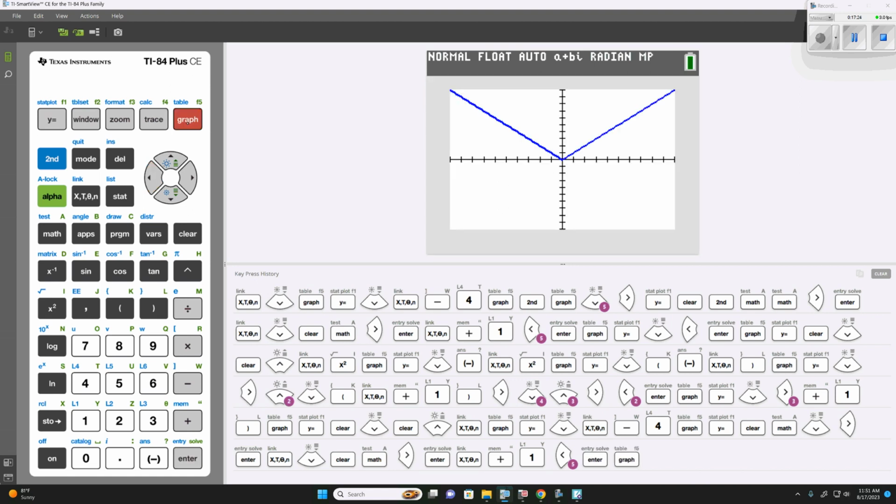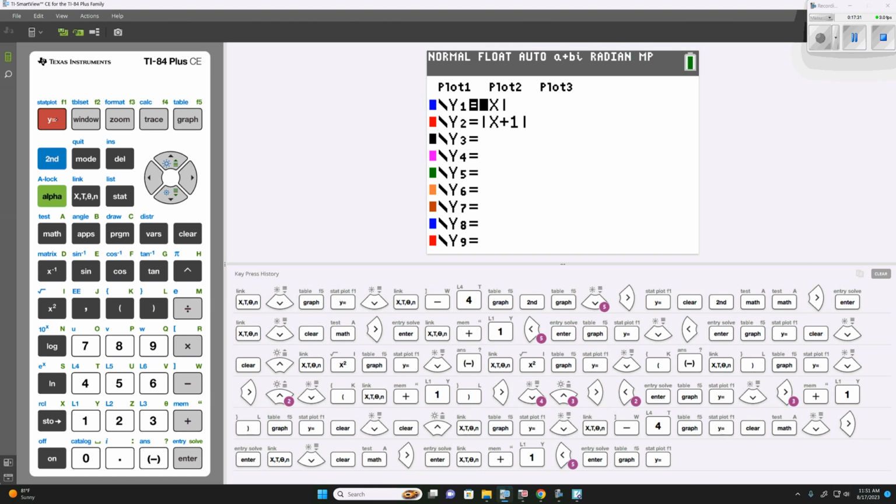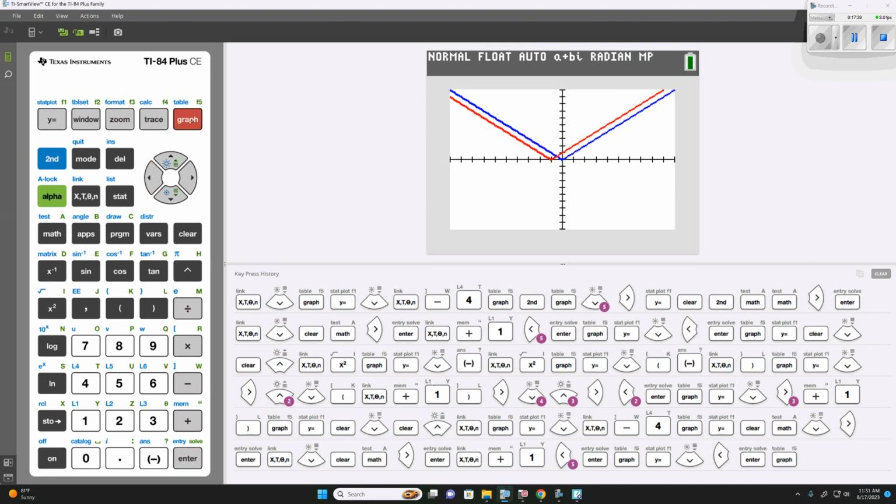So this here is the absolute value function, the parent function. Since we have plus 1 inside here, it should move all the values 1 unit to the right. We tell it to graph, and it moved all of them 1 unit to the left.